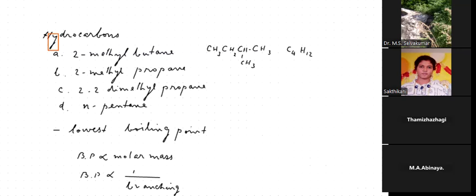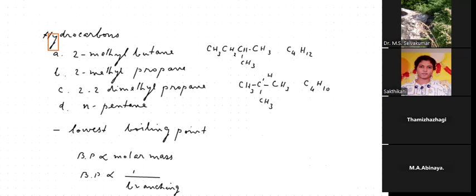The second compound is 2-methyl propane. Propane is the parent hydrocarbon. In the second carbon, a methyl group is attached. So it is CH3, CH3, CH, CH3. So its molecular formula is C4H10.